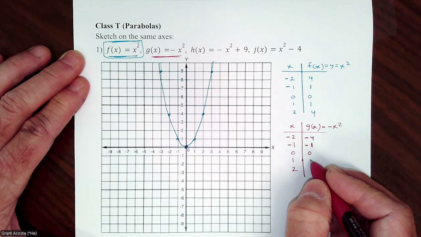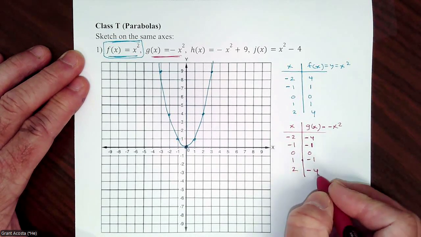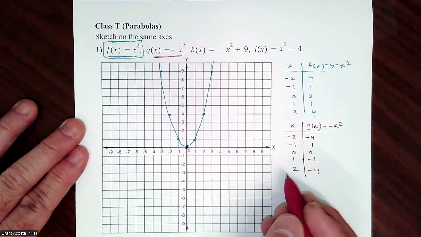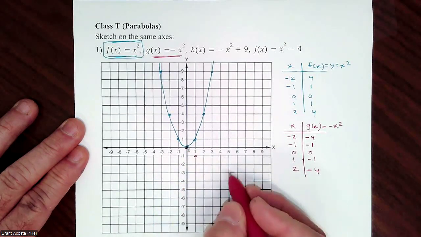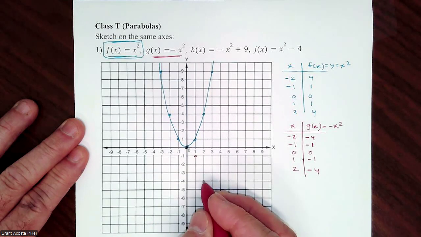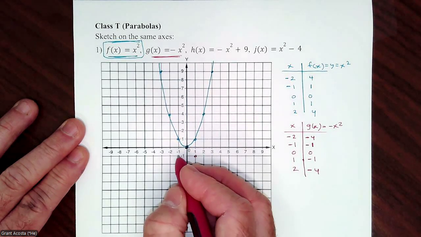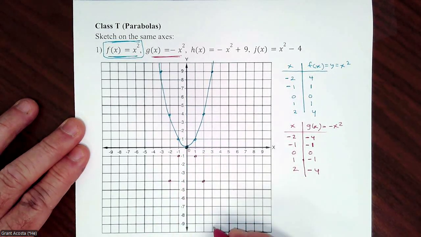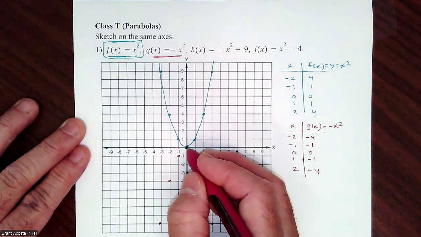This will be 0. This will be -1. This will be -4. So if I plot those points, 1, -1, 2, -4, -1, -1, -2, -4, and I could do 3, it would have been -9. -3 would have been also -9.